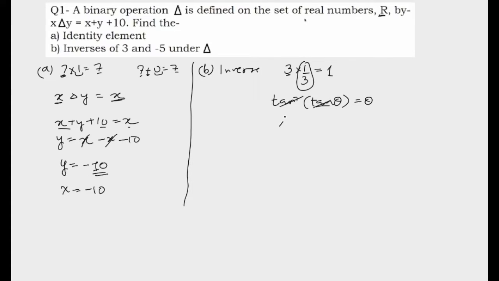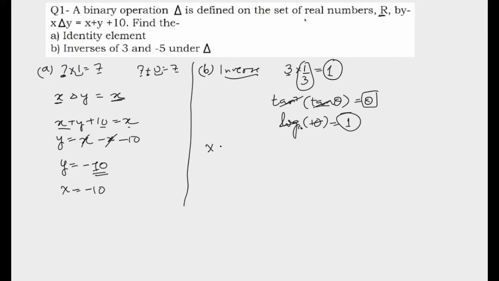Similarly, log base 10 of 10 to the power: the base 10 and this 10 both cancel out and the answer is 1. So inverse is the one which is opposite of the original. We get an identity element when we apply an inverse to a variable.